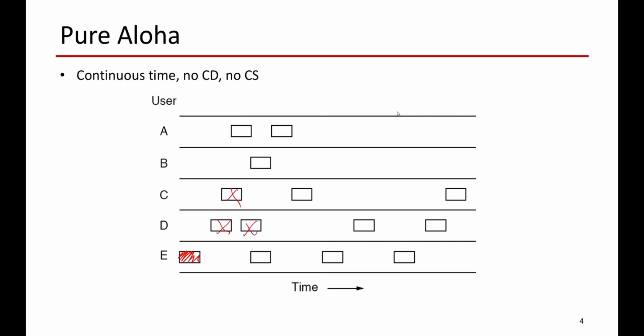And this collides, this collides. This is good, this is good, this is good. This is not good. So only 4 packets are delivered properly. Do you see why? Do you see the 4 packets were successfully delivered? Yeah, we see it. Okay, thank you.